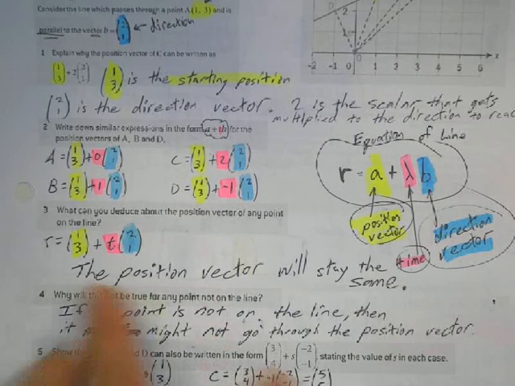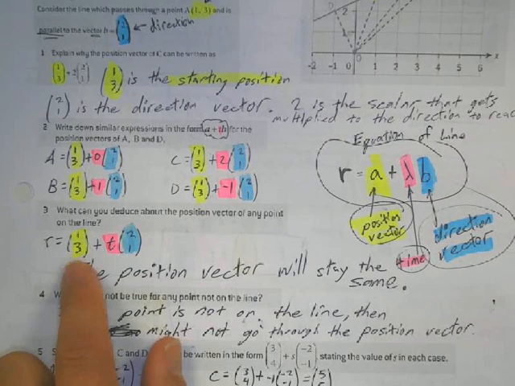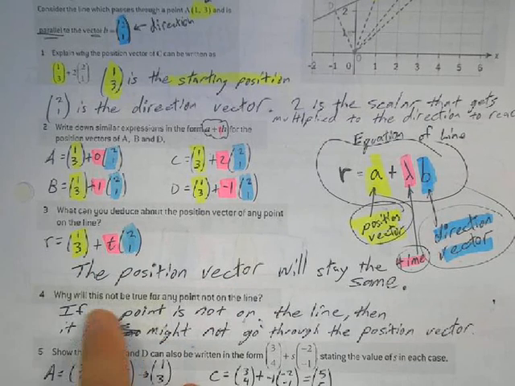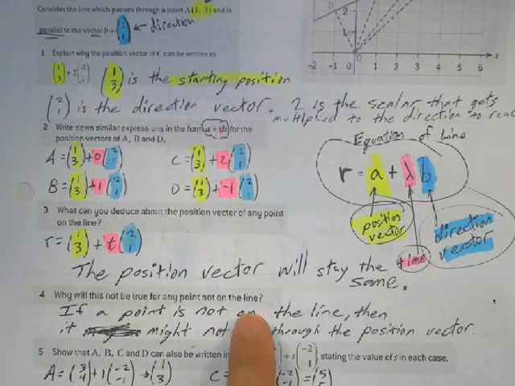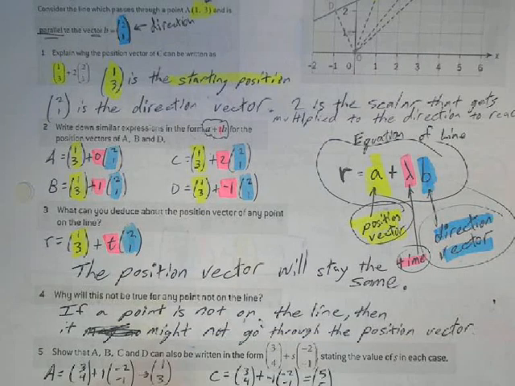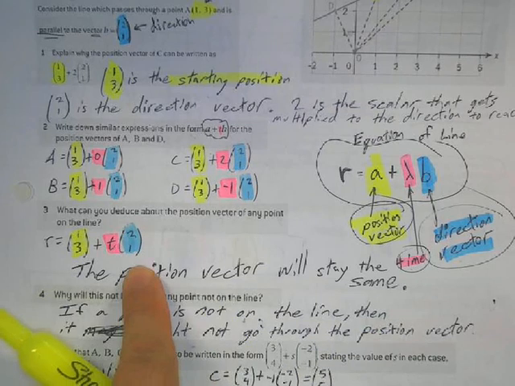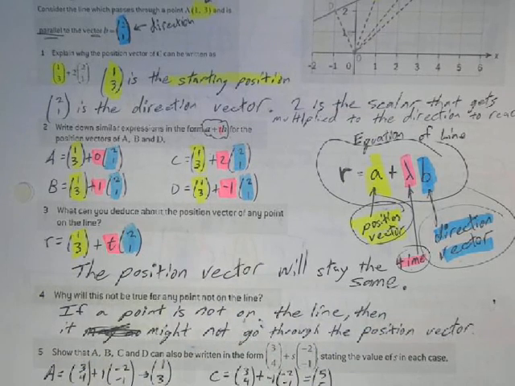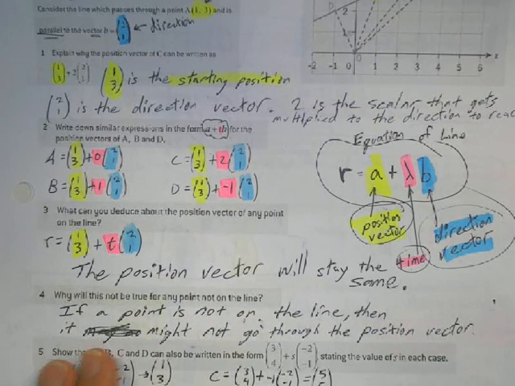So our position vector is going to stay the same, (1, 3). Why will this not be true for any point not on the line? If we have a different position vector and we still go in that direction, we won't be able to stay on the line. So a point that is not on the line might not go through the position vector.